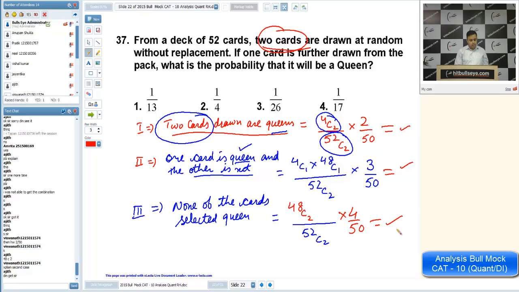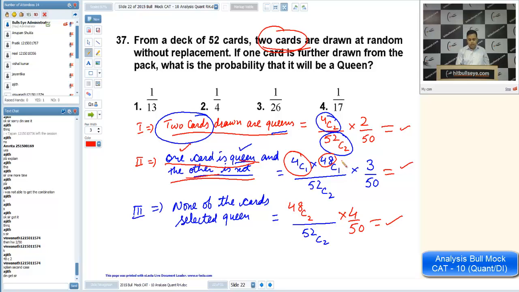Okay, Vishwanath, second case. In the second case, we are having one card which is a queen and the other one is not a queen. Now, out of the 4 queens, you have selected one. So that you can do in 4C1 ways. And the remaining, if I ignore the cards which are queens, we are left with 48 cards. And out of these 48 cards, one card has to be selected, which you can do in 48C1 ways.